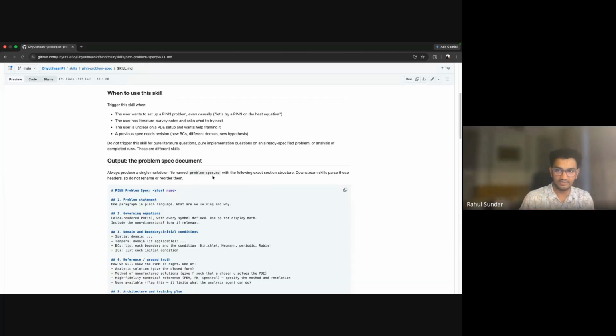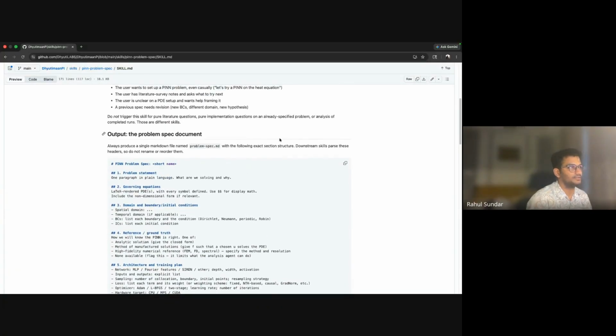Then you have analysis and report, which looks at what runs have been carried out, what the problem spec was, and so on. So upstream artifacts also determine how the downstream skills behave. The interesting part is you don't always have to start with literature survey. You can enter at any point in this workflow. And the other key message is you don't have to do only one workflow at a time. You can do multiple workflows, and at different entry points as well.